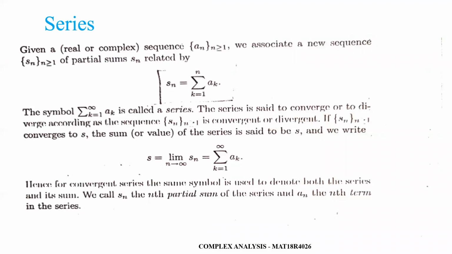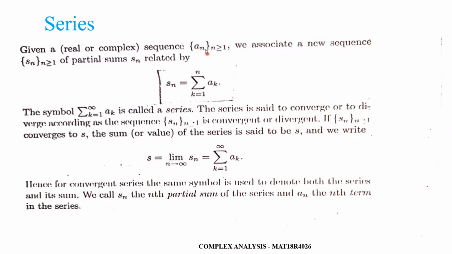So first is what we mean by a series. So let me take a highlighter, okay, spotlight, rather I would say. Okay, I've got it. So given a real or complex sequence an, n greater than or equal to 1, that simply means this is a sequence of complex numbers.